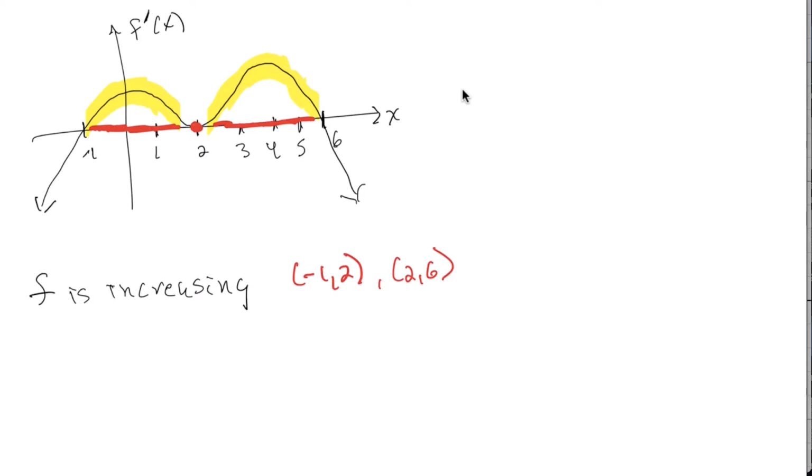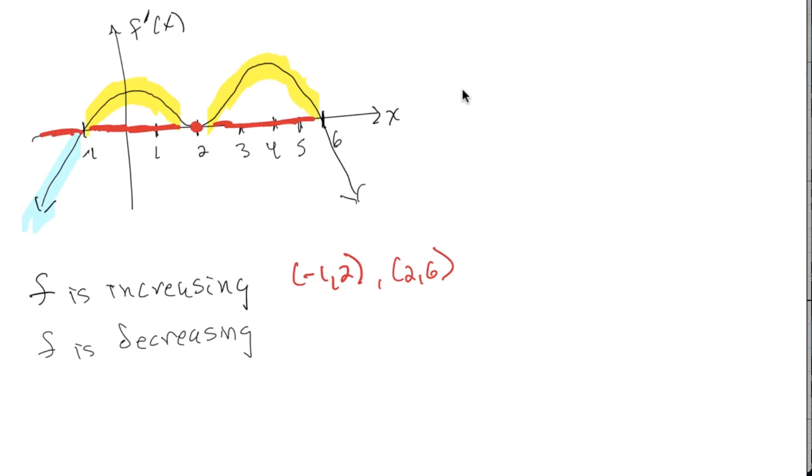Now, where is the derivative negative? That is where the function is decreasing. So I'm going to scribble, f is decreasing, and then we'll fill in the blank here. The function is decreasing wherever the derivative is negative. I'm going to pick a different color. Here's the first segment where the derivative is negative: any x to the left of -1.